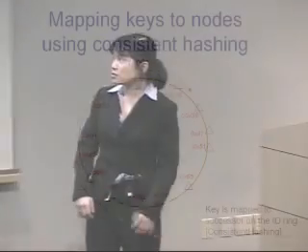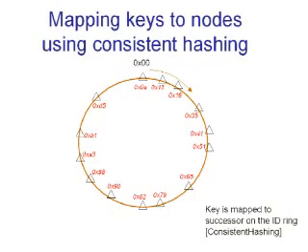And before I talk about the table contents, I need to tell you a little bit about how we map keys to nodes. So this uses the same idea as consistent hashing, that Chord and Pastry also use. Basically, it organizes the ID space in a ring-like structure.